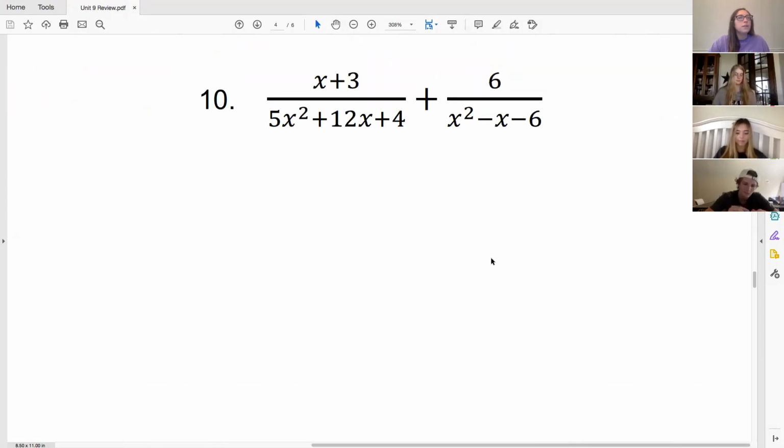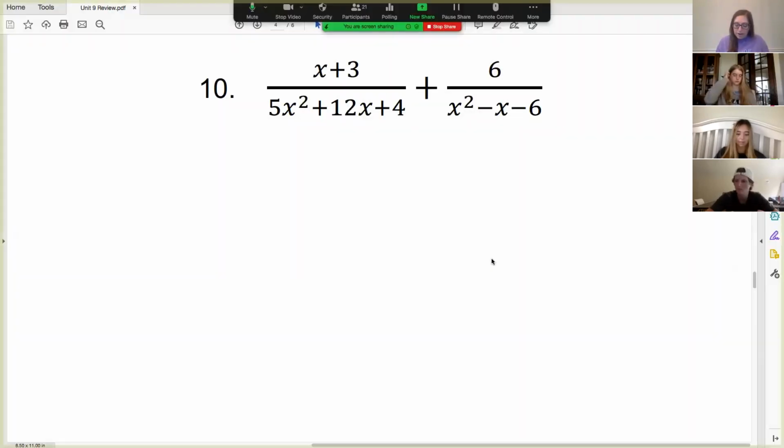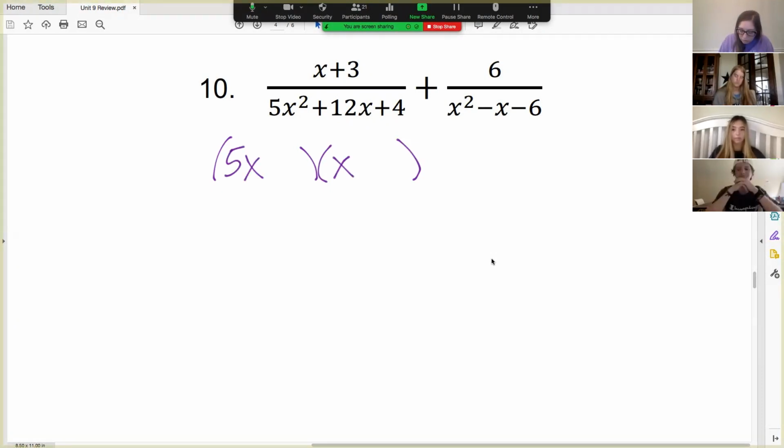Okay, number 10 is an addition problem. So I need to factor the denominators and find a common denominator. So factoring the bottom left is 5x plus 2 and x plus 2.